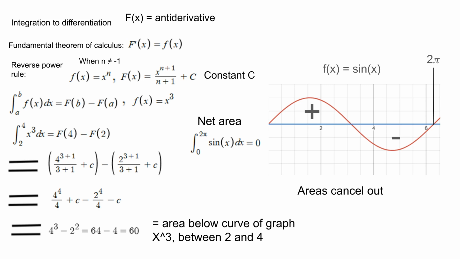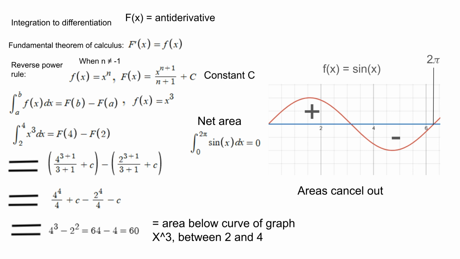Firstly, we start with capital F of 4 take away capital F of 2, which then equals 4 to the power of 3 plus 1 over 3 plus 1 plus c, take away 2 to the 3 plus 1 all over 3 plus 1 plus c.